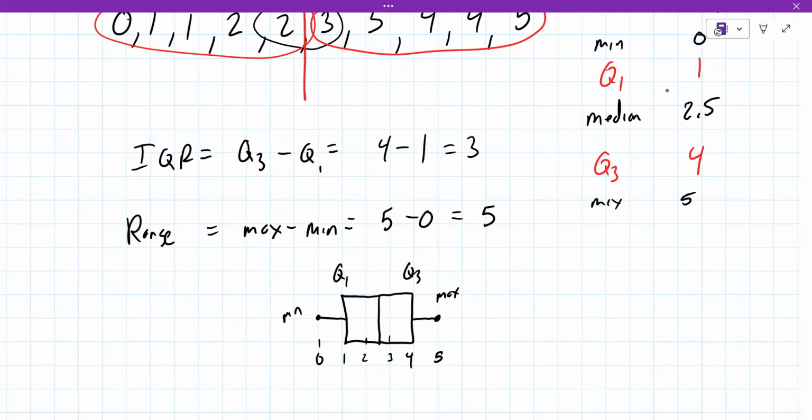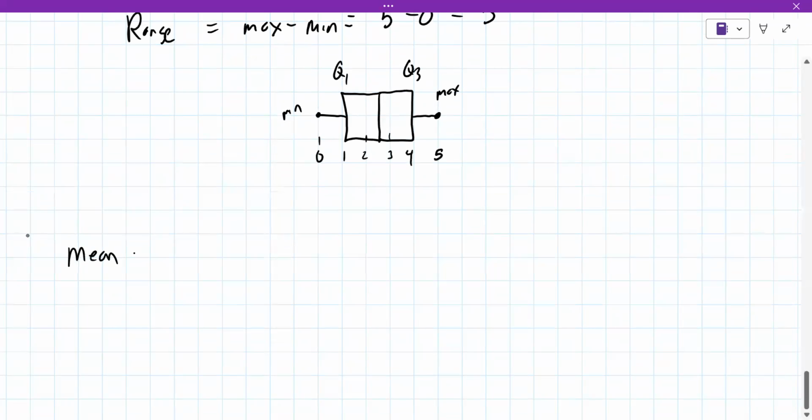I believe the second data set does, so we might be able to look at that next. All right, but that's your box and whisker plot. I'm talking about outliers.